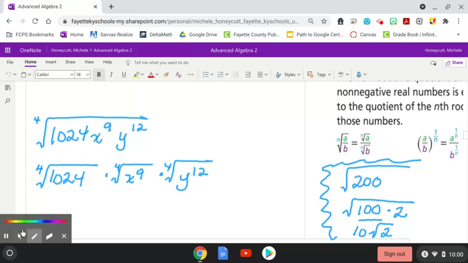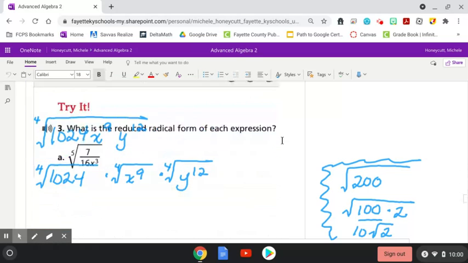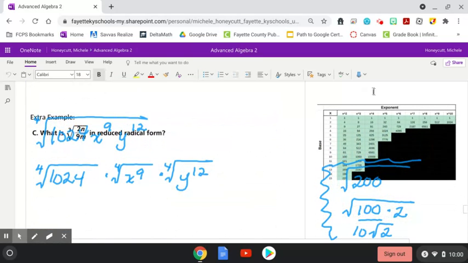So this is, again, where that power chart becomes really convenient. And I've got one. I just have to scroll to it. There it is. So here are my perfect fourth powers. And it ends up that 256 divides evenly into 1024.